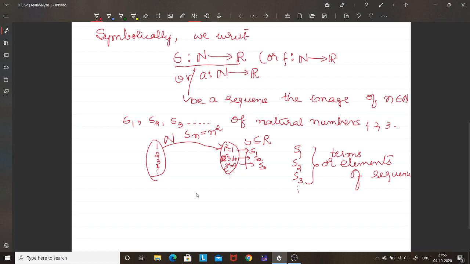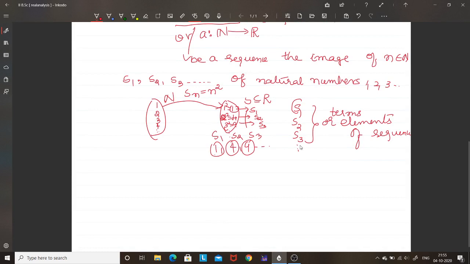So s1 is called the first term. You have 1, 4, 9, and so on. This is s1, this is s2, s3, these are the values. So this is the first term of the sequence, this is the second term, this is the third term, like that. You have seen all these things in your earlier classes. There is nothing special here.